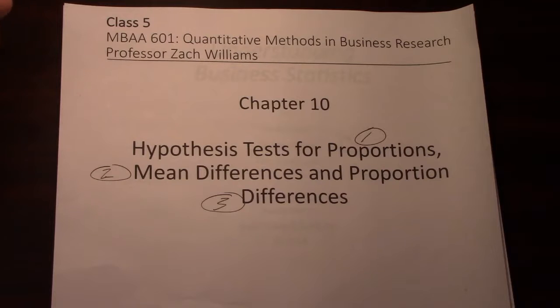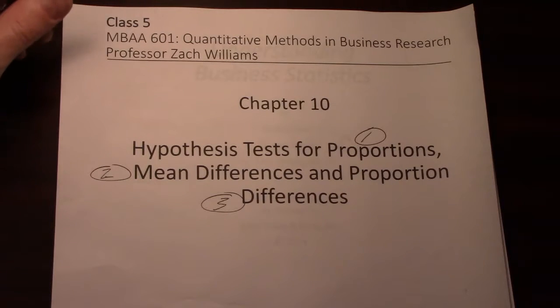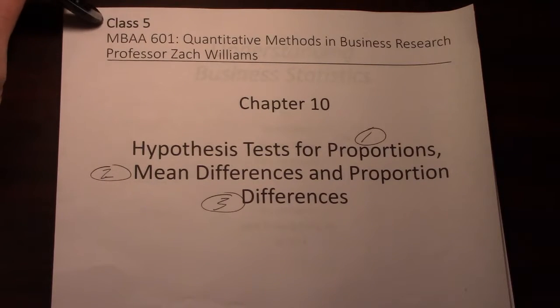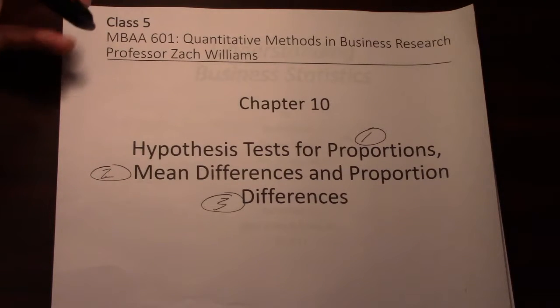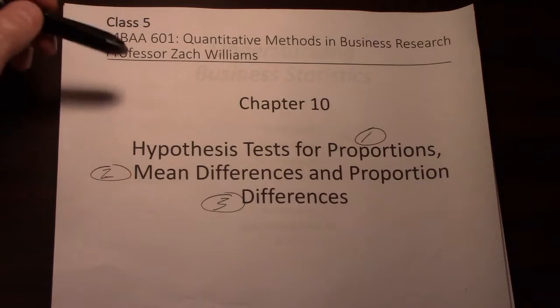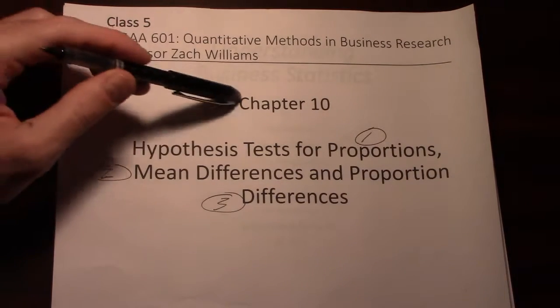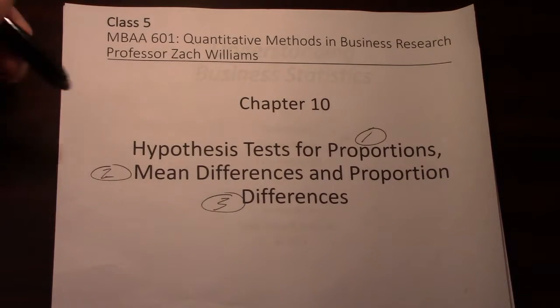So work the homework problems for class 4, maybe even take the quiz, look at the answers to the quiz, make sure you're comfortable with how all of that works. And if you have to, you could even go back to the class 4 video and watch that again, because that is going to be key to your understanding of this material in this video in chapter 10 and class 5.